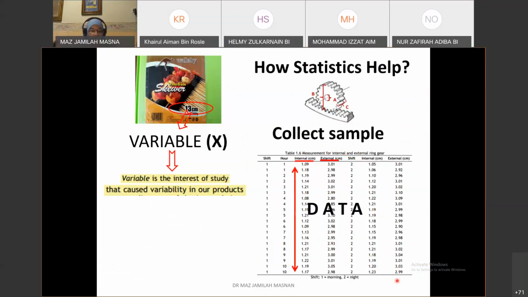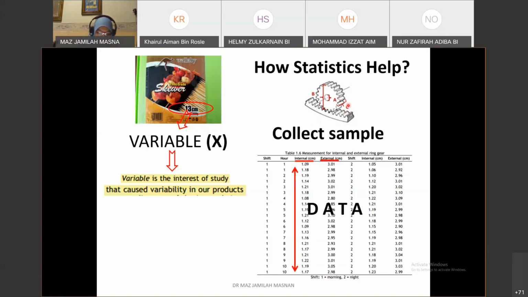Now next, let's move to the slide, how statistics help. By identifying the correct terms for your data, it will help you in your analysis. In this case, the length is considered a variable, and you may also refer to the internal ring from your textbook, where you may have the internal diameter and external diameter as the variables for this particular ring here.